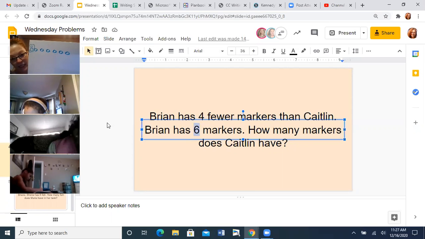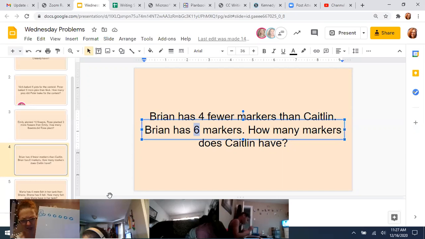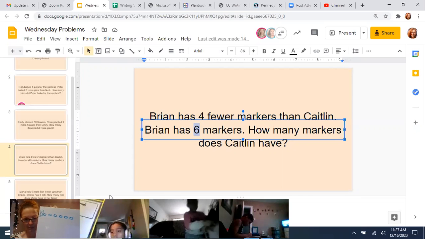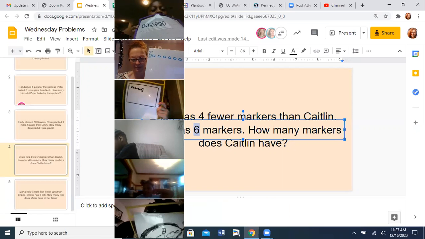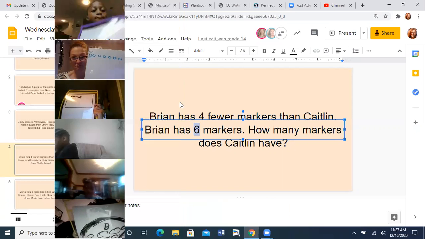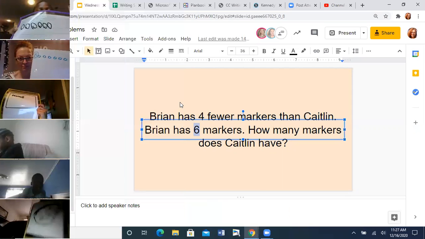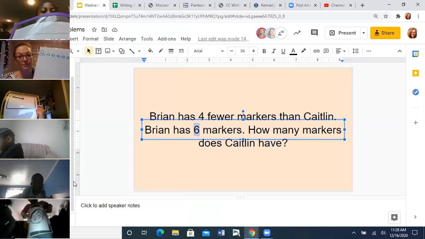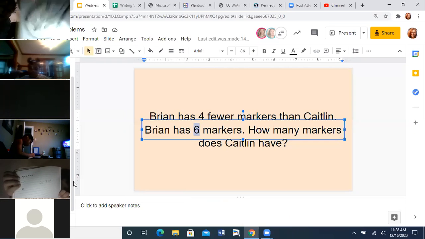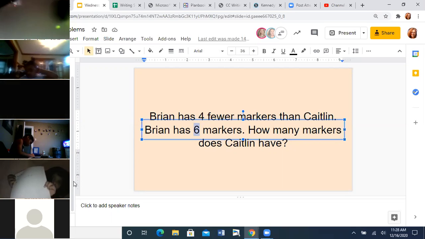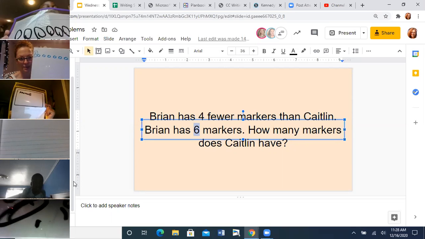All right, when you have Brian's markers drawn, hold it up and show me. Nice, Genesis got it. I don't have a pencil and a paper. Well, then you need to take care of that. Nice job. I see Brian's 6 markers, nice.